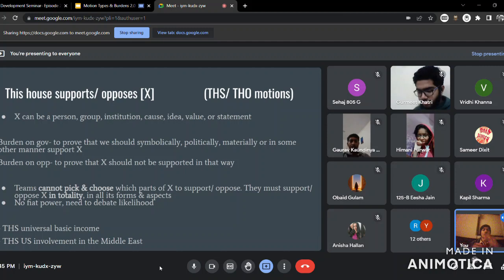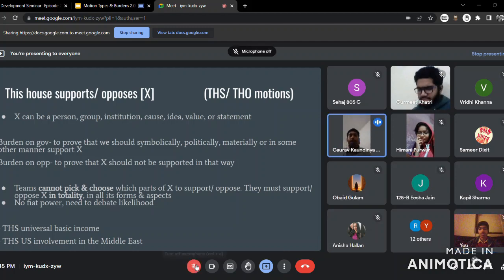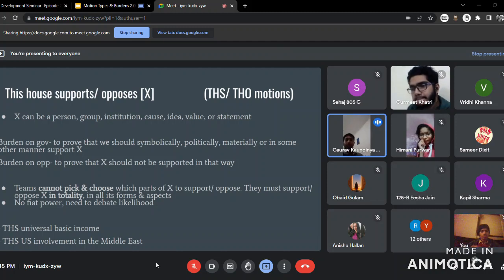So when you acknowledge that yes, there are faults in my world as well, but you still prove that benefits outweigh harms, that makes your case solid because you're assuming your worst case scenario and conversely the other side's best case scenario and still proving why your world is better, ki theek hai kharab hai, but still achha hai, tumse toh achha hi hai. So that's the strongest strategy.